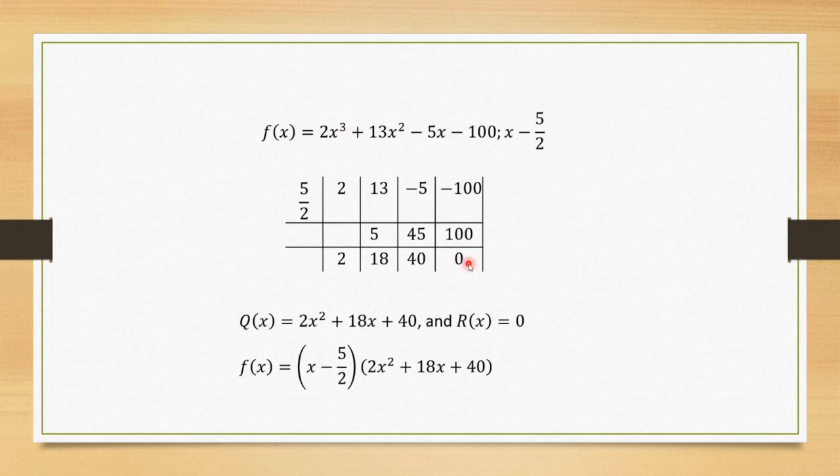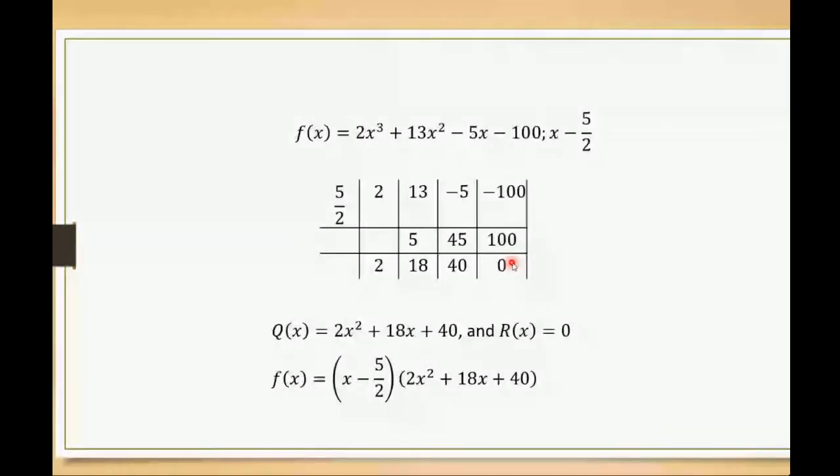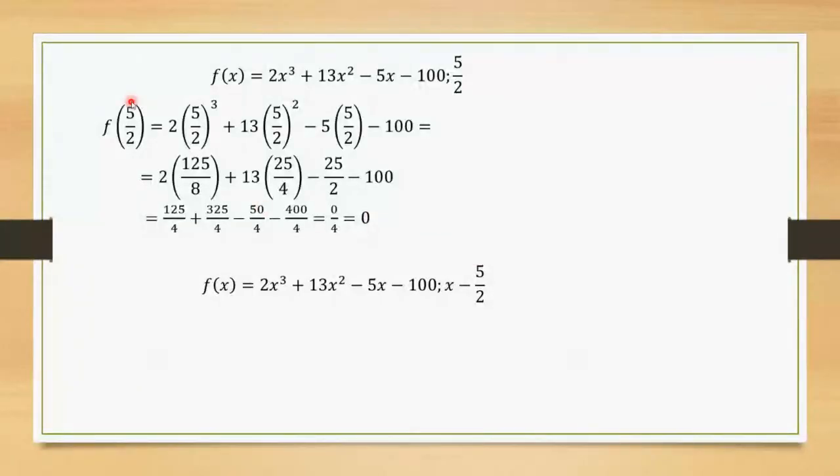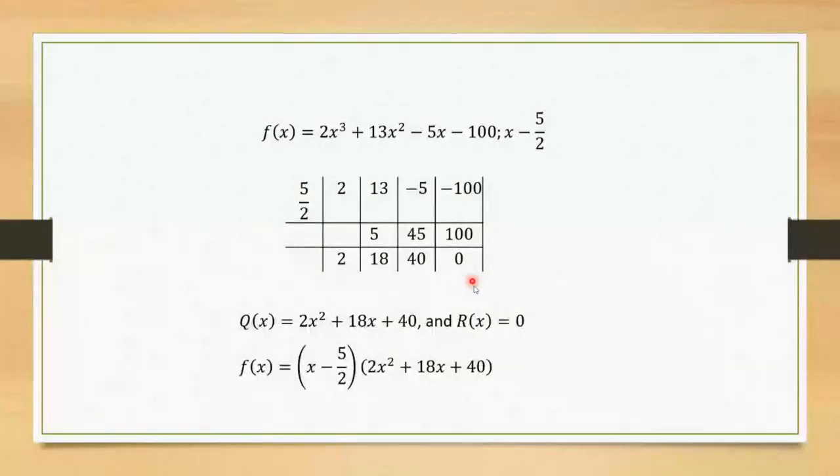And we saw that already from this slide, right? That's what this is. So altogether, the last term is 0, and we get f of x is x minus 5/2 times the quotient. Normally you would add in the remainder, but the remainder is 0.